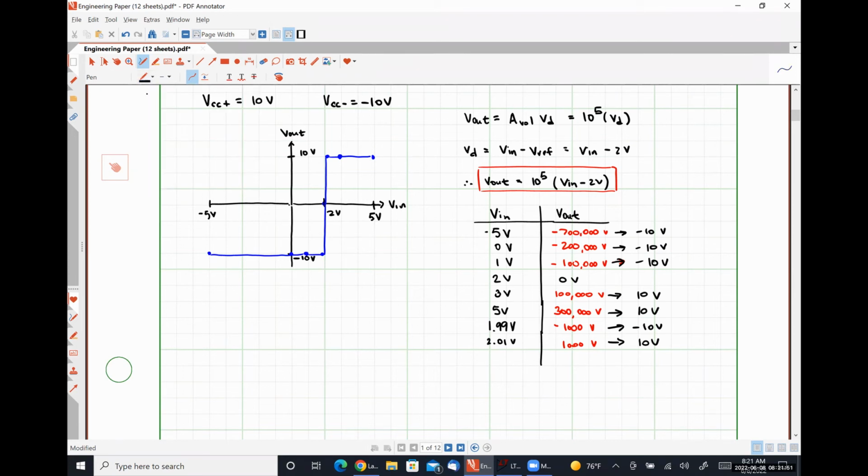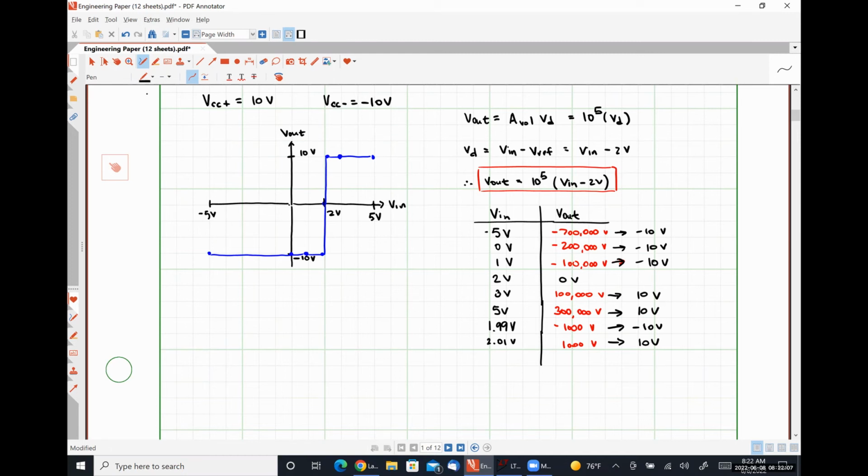The reason why the slope of this transition is nearly infinite or almost vertical is because the linear range of an open loop op-amp circuit is so small, which is what we looked at yesterday.